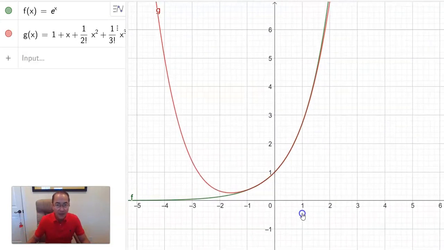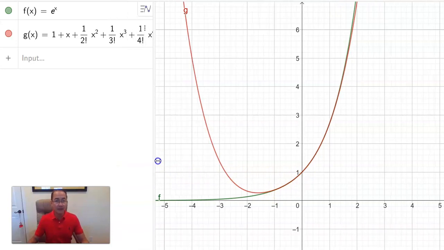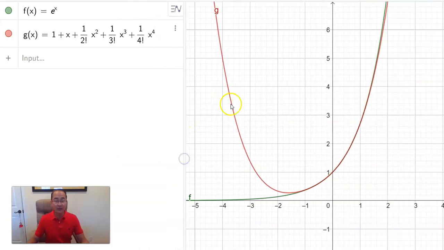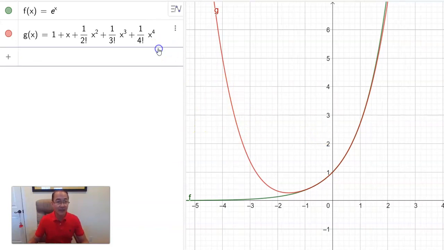Wow, look, it's kind of up until maybe 1.5 and maybe -1. You can hardly tell them apart, okay? So this gives us some confidence that what we're seeing here is going to converge eventually to e to the x.